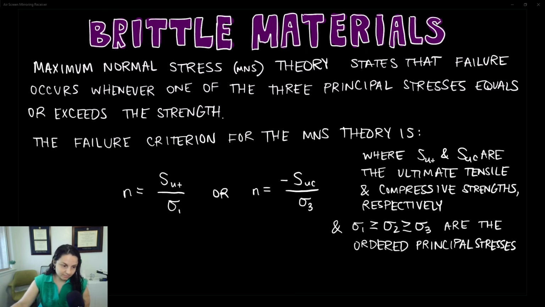So, for a plane stress state, which again means that one of our three principal stresses is 0, there are just two possibilities for the principal stresses.